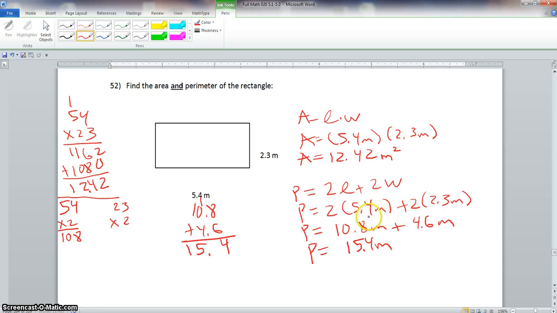In the original problem, we only had one digit behind the decimal, so that gave us 10.8. 2 times 3 is 6. 2 times 2 is 4. We have one digit behind the decimal here, so that's 4.6. So this is how I got the 10.8 and the 4.6. Okay, and we're done.